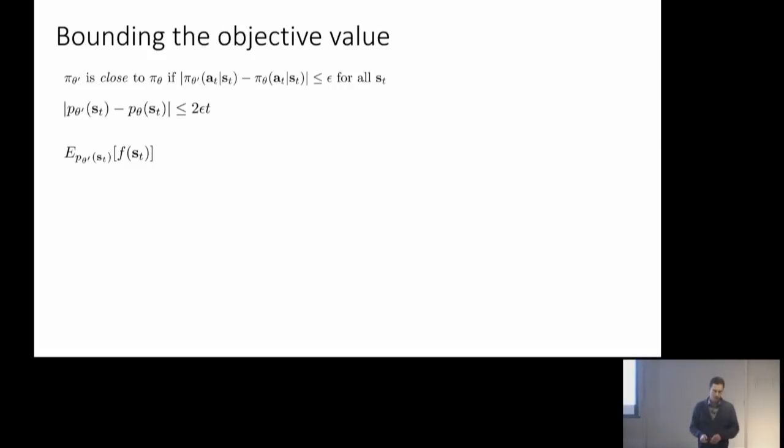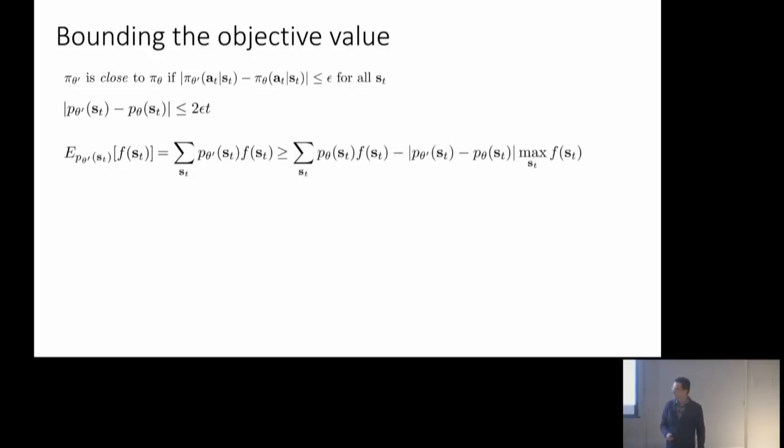So if you have the expectation under some state distribution p theta prime of some function f of s_t, then that's, of course, equal by the definition of the expectation to just the sum of the products of the probabilities and the function. That's just the definition of expectation. And then I can bound this by the expectation under a different distribution p theta, minus the total variation divergence between them times the maximum value that f can take, assuming f is always positive.